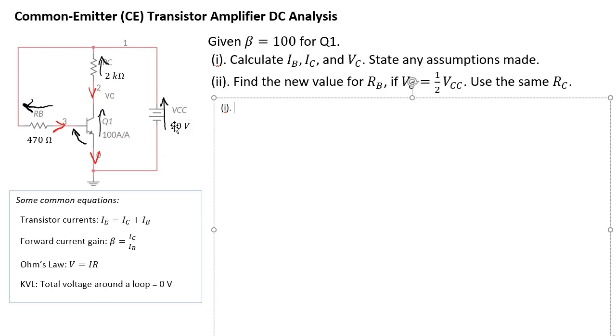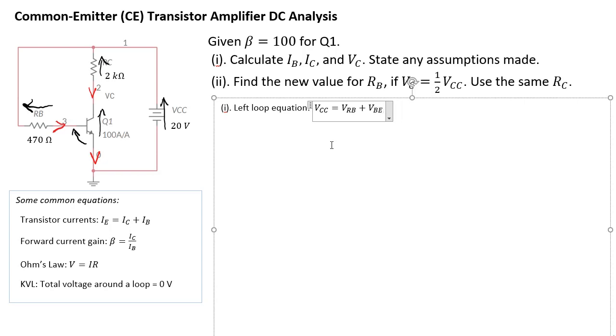This 20 volts is with respect to ground, which means that this side is actually 20 volts as well. So there's actually a small loop over here. So, left loop equation: VCC is equal to VRB plus VBE.